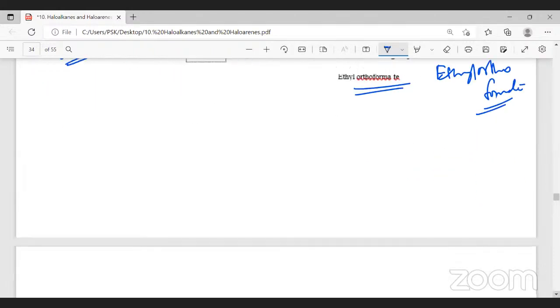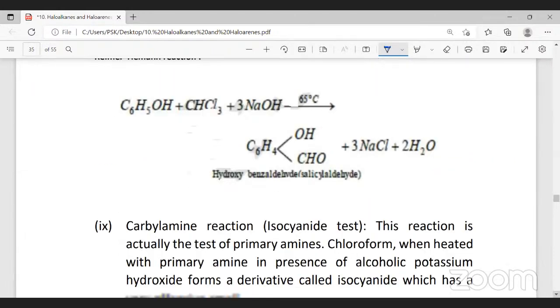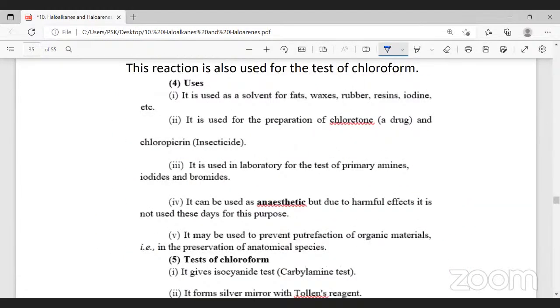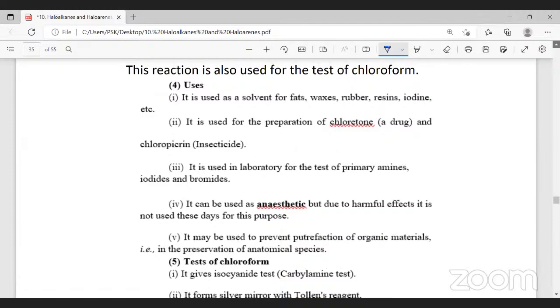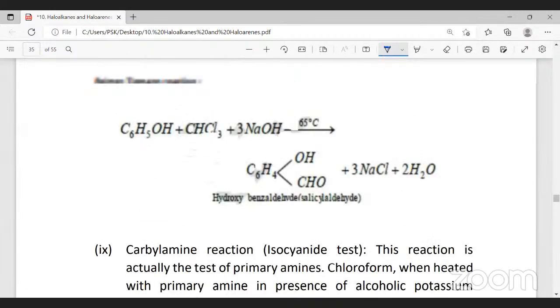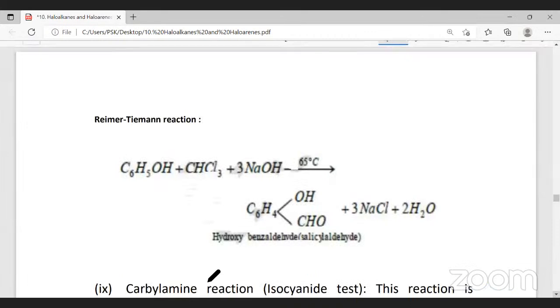Now, coming to the next set of reactions, Reimer-Tiemann reaction, carbylamine reaction. We'll finish. Reimer-Tiemann reaction. In the phenols chapter, we will learn the mechanism of the Reimer-Tiemann reaction. Now, when phenol is treated with chloroform and sodium hydroxide, you get a benzaldehyde like this, with OH and CHO.